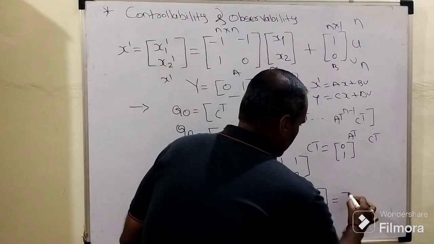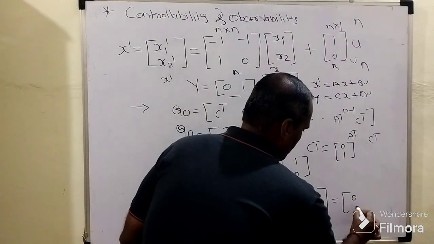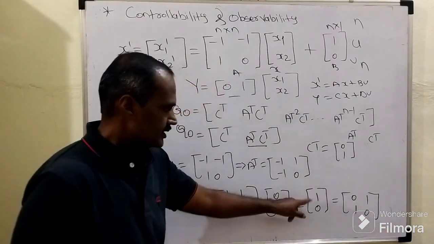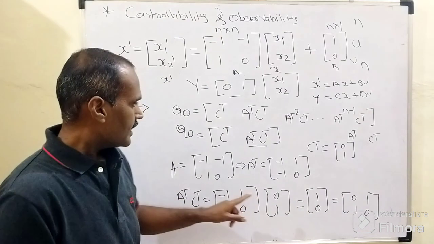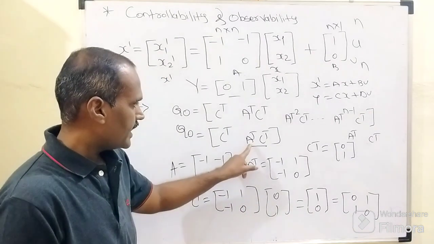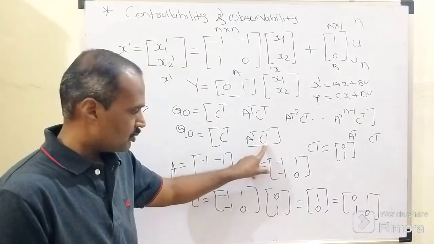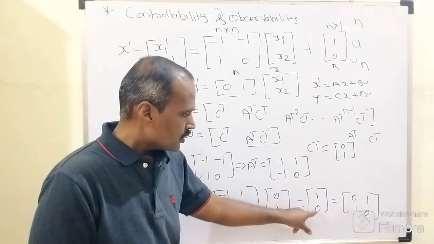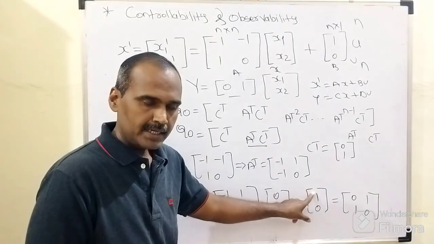So this whole term will become, here I will write 0, 1 and this 1 and 0, right? This 1 and 0 is the multiplication between A transpose and C transpose as a result of matrix multiplication, which consists of 2 rows and 1 column, right?